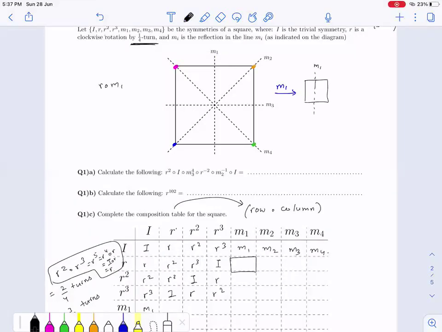So after applying M1, meaning you reflect about this vertical line, the pink one goes here, the orange one goes here, like the pink and orange flip, and the blue one goes in place of the green one, and the green one goes in place of the blue one. Now you apply your R on this figure, which is 1/4 turn or 90-degree clockwise.